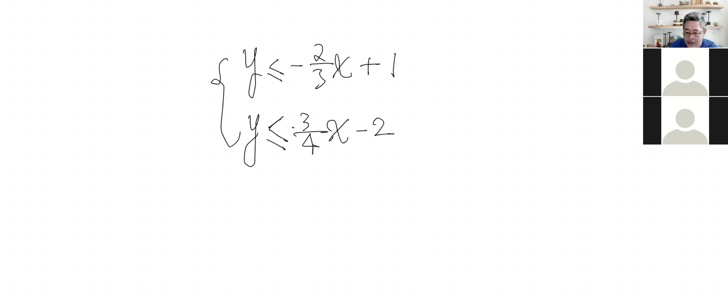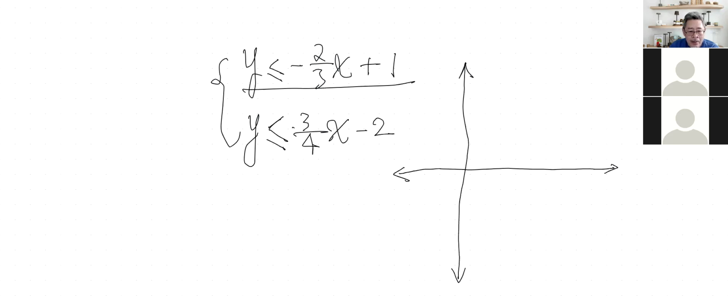All right, so let's see what we got for this one. For this one, we got 1 here. Now our run is 3: 1, 2, 3, and going down by 2. So that's negative. Then we got this line here, and it's less than, so it has to be anything here.